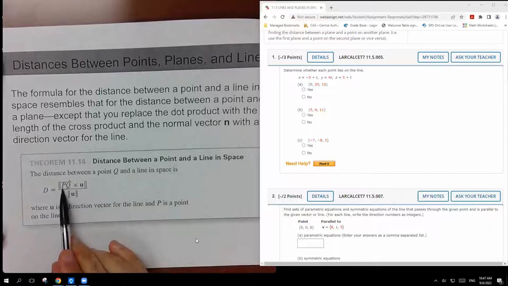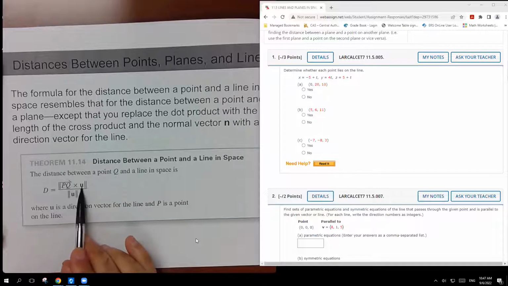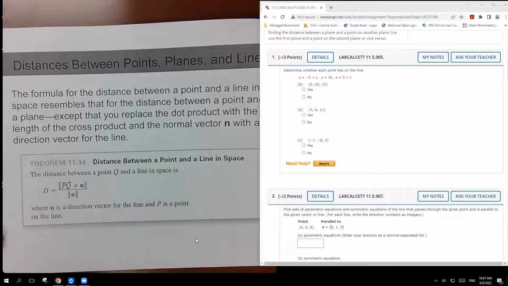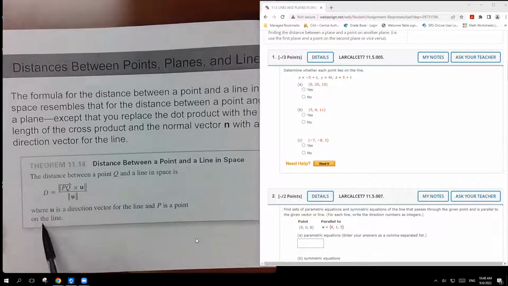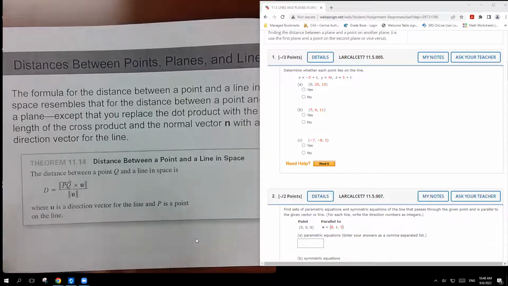So it's going to be the cross product between, again, we have to create a point P and find the vector PQ, the cross product between PQ and u over the length of u. u is a direction vector of the line. That means it goes along the same line. It's not orthogonal to the line. It's a direction vector, where u is a direction vector for the line and P is a point on the line. So this is the difference. You have to be careful. If it's a line, you have to use this form. If it's a plane, you have to use the other form.